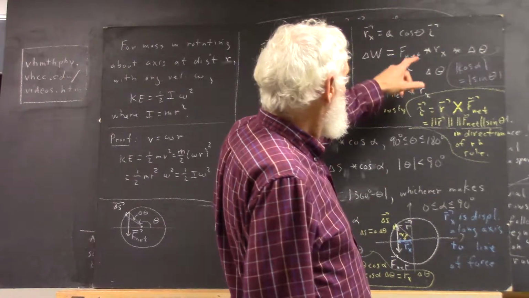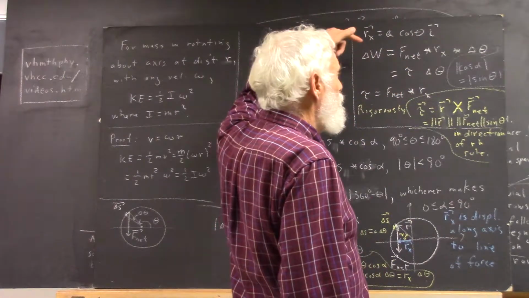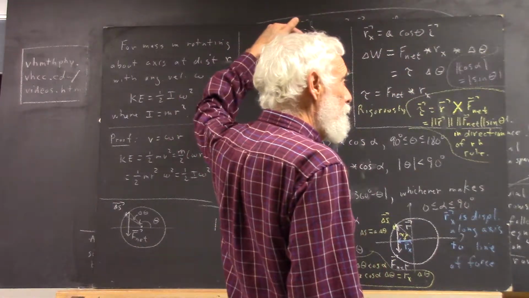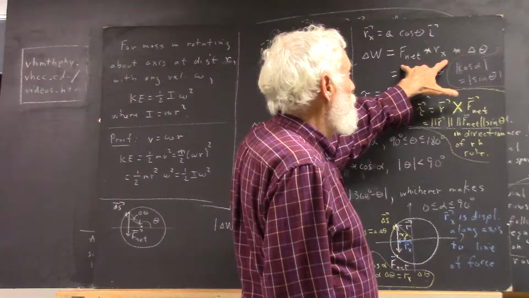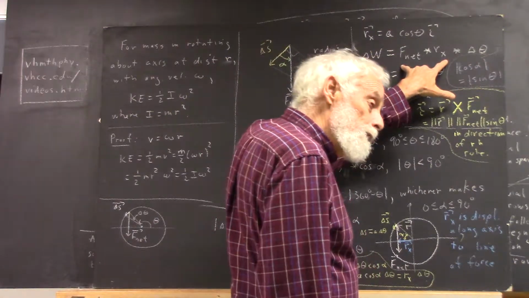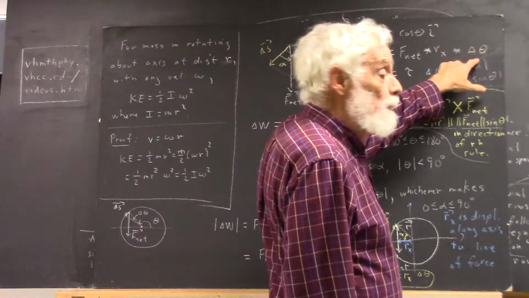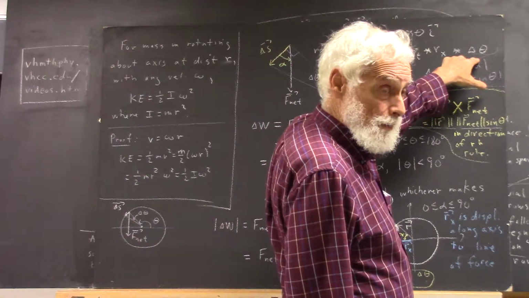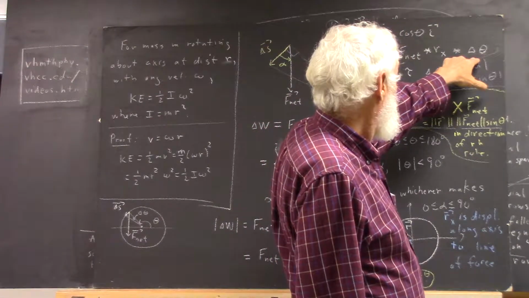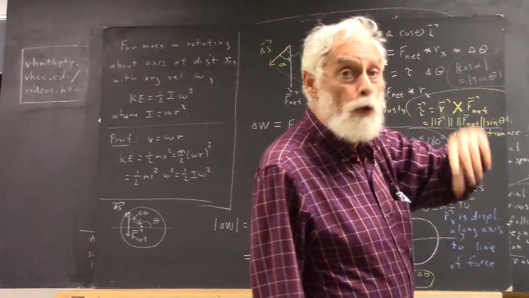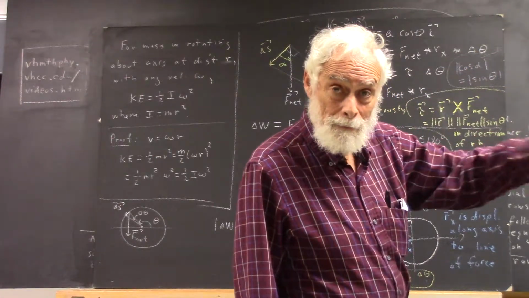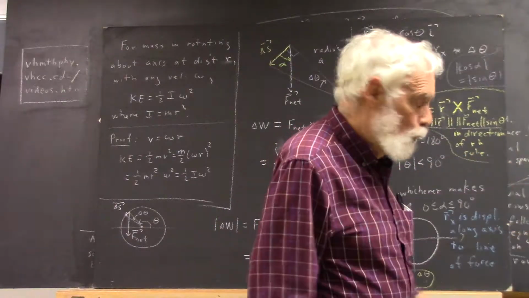Then we can say that your work is the product of F net times Rx times your angular displacement. Now, work is force times displacement if you're in one dimension.